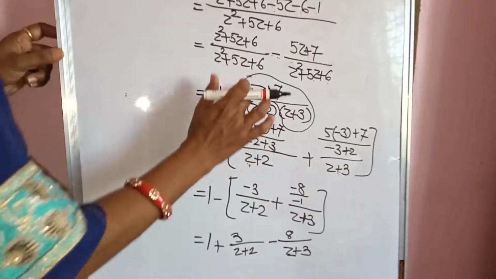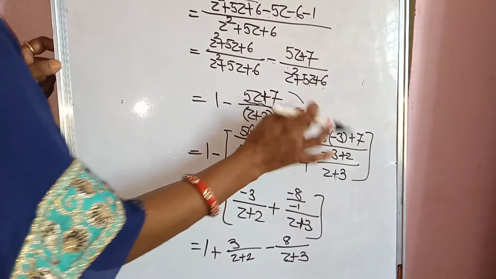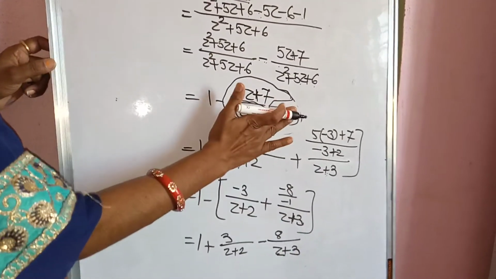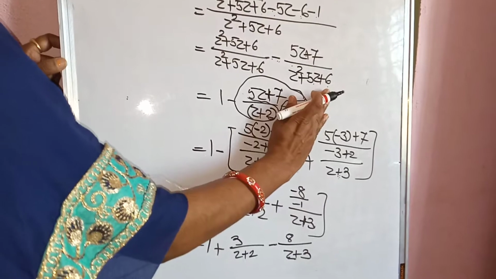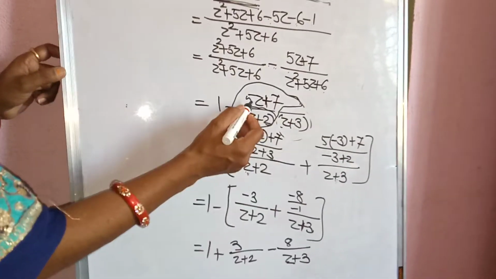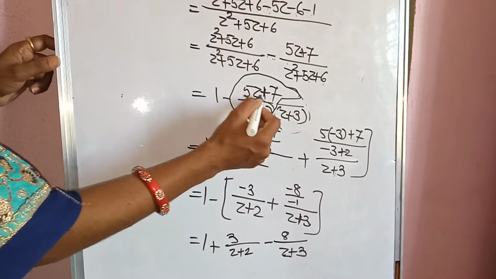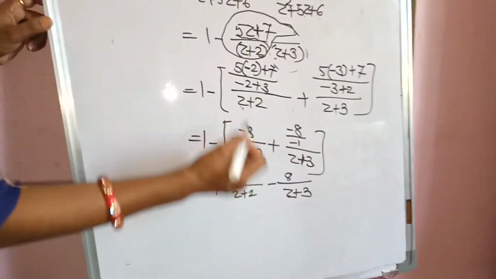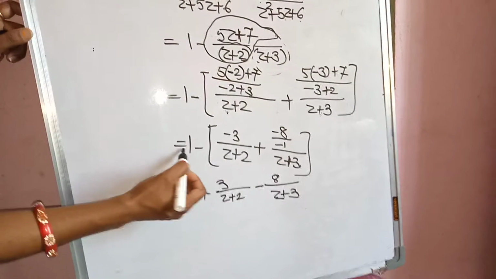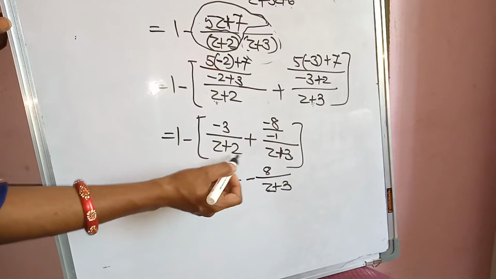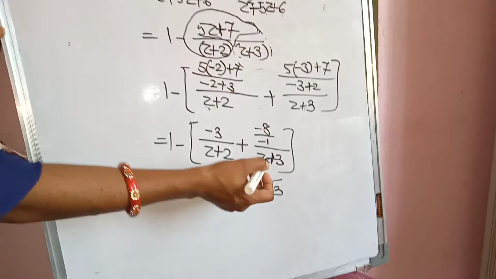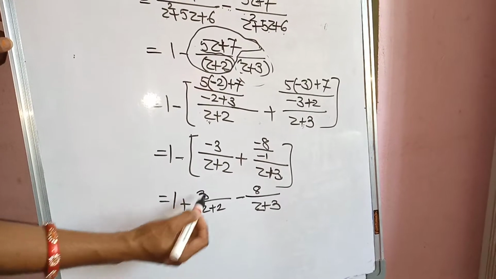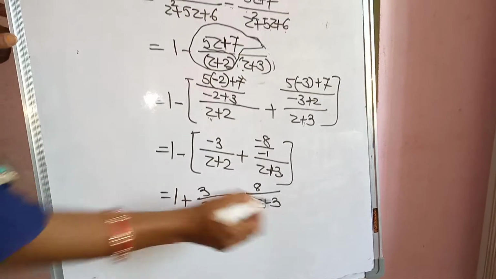Hiding this factor, I substitute z equal to minus 3 in the remaining factor, giving (5 into minus 3 plus 7) by (minus 3 plus 2). So the function is 1 minus (minus 3) by (z plus 2) plus (minus 8) by (z plus 3), that is 1 plus 3 by (z plus 2) minus 8 by (z plus 3).